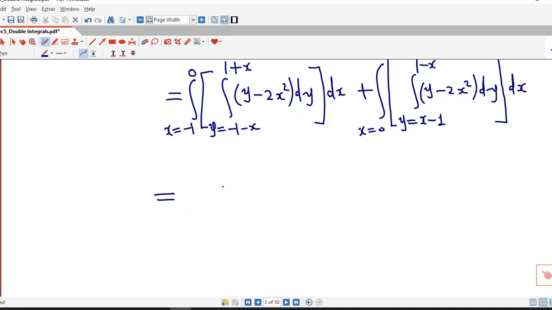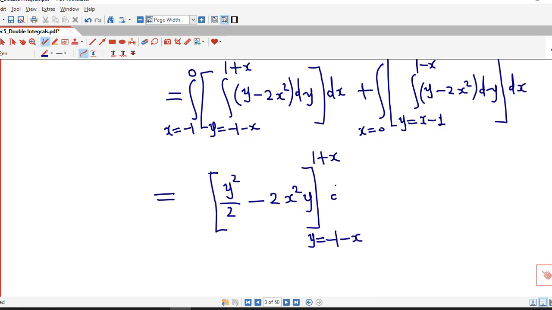So the integral of y is y square by 2, minus 2x square into y, since x is constant. Integral of 1 with respect to y is y, and y has the limits y equal to minus 1 minus x to y equal to 1 plus x, and then the integral with respect to x from x equal to minus 1 to 0.